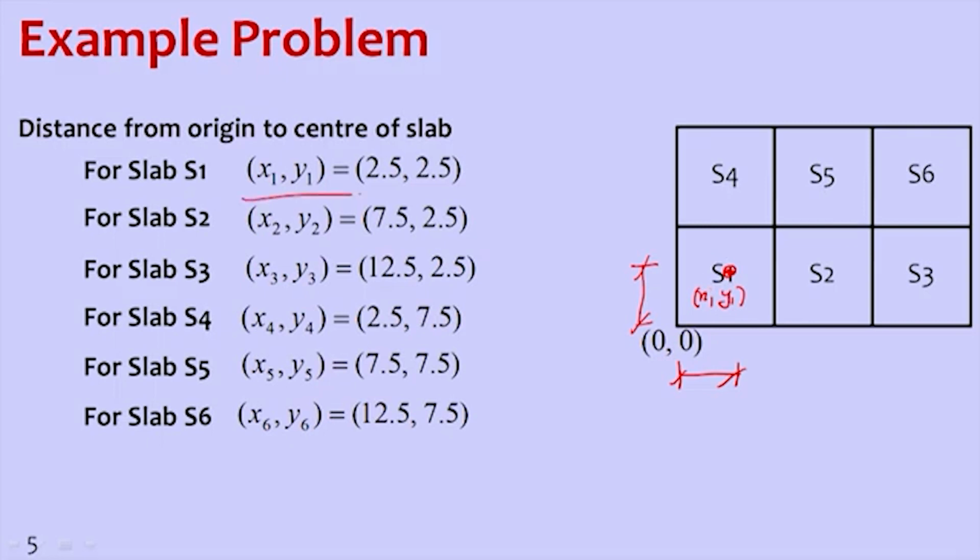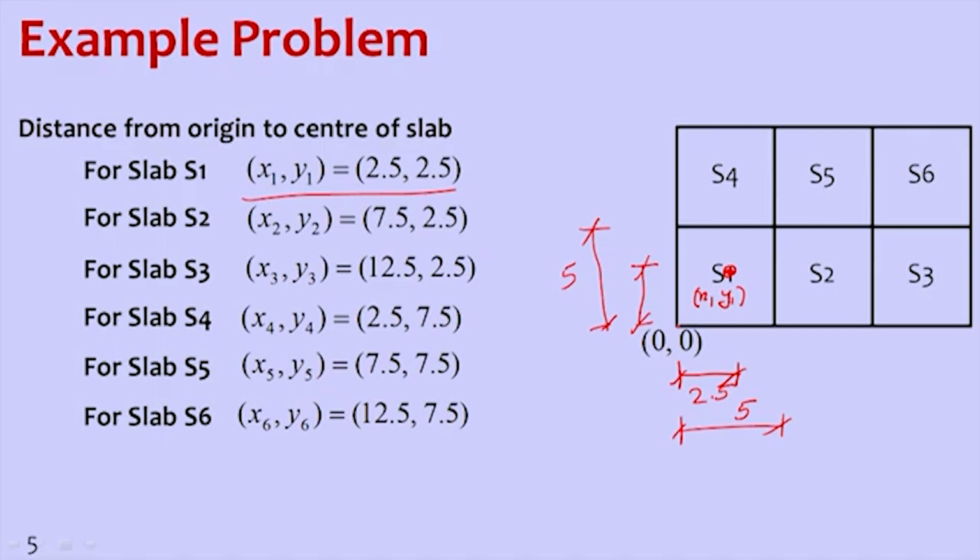So this x1, y1 will give me the center of the slab 1, S1. So from origin I have 2.5 meters because my span is 5 meters. So 5 meters is the span. So center, because it is a square column, both sides is 5 meters. The center will be at 2.5. So x1 is 2.5 and y1 is also 2.5.